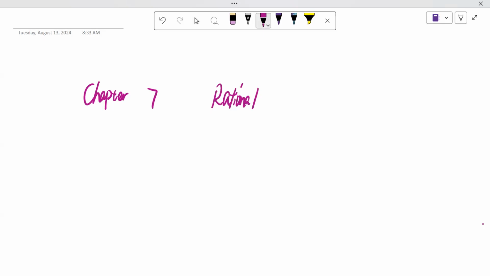Basically, we apply some factoring skills to simplify the rational expressions, and that's what we try to do here.